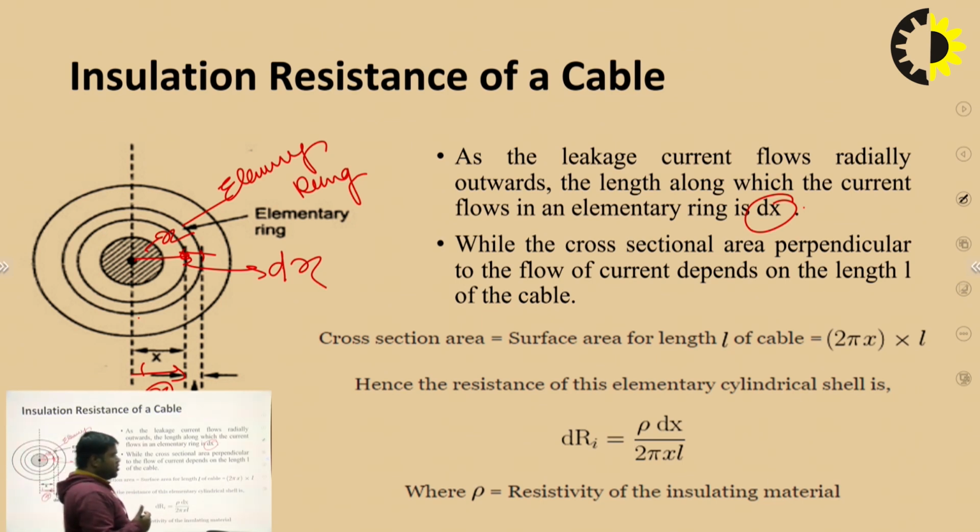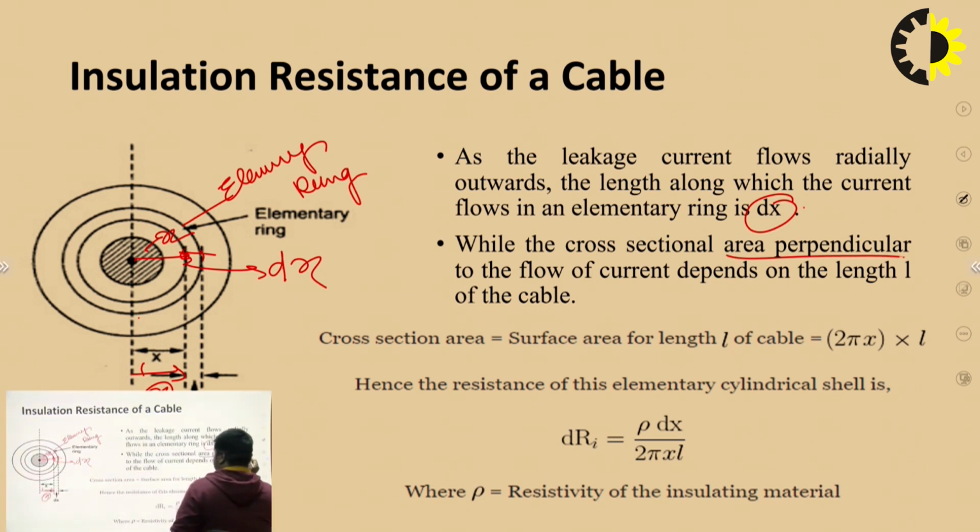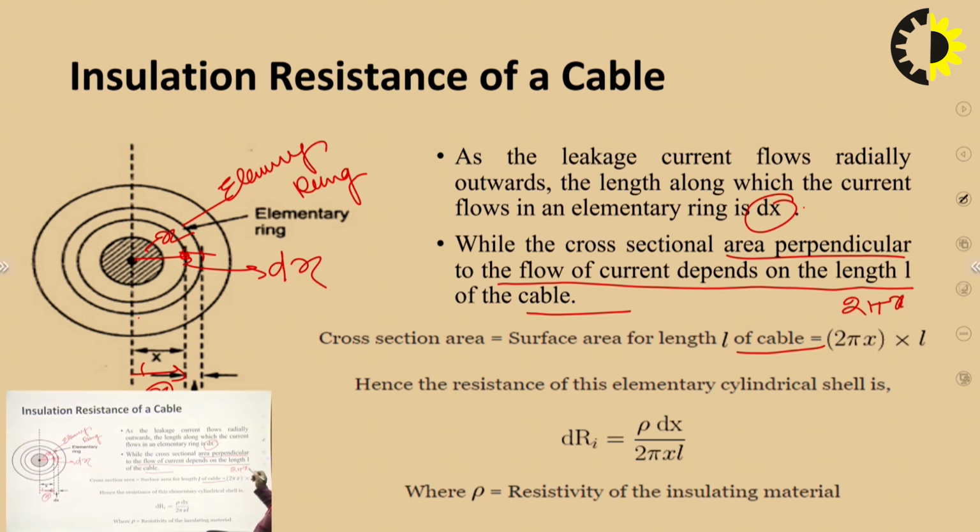The cross-sectional area perpendicular to the flow of current depends upon the length L of the cable. So the cross-sectional area equals the surface area for the length L of the cable, that is 2 pi x L.